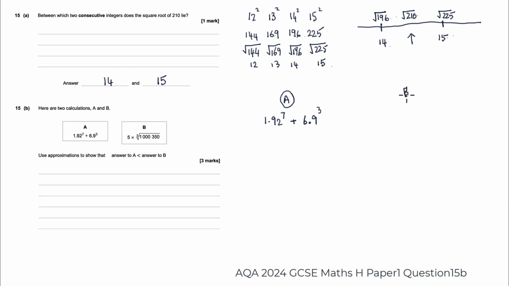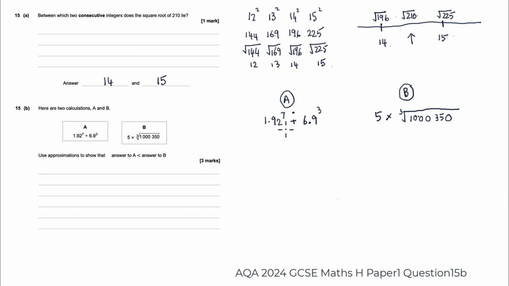And in calculation B, now remember there's no calculator in this paper, calculation B is 5 times the cube root of, and that's a number times itself 3 times, it gives you 1,350,000. So these are the two calculations that were given, and we're asked to use approximations to show that answer A, whatever it is going to be, is less than answer B.